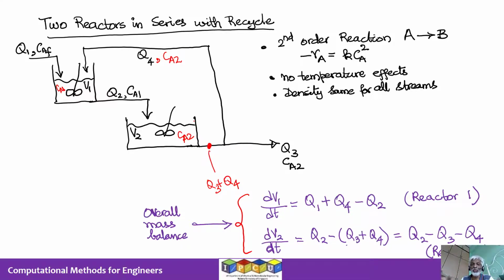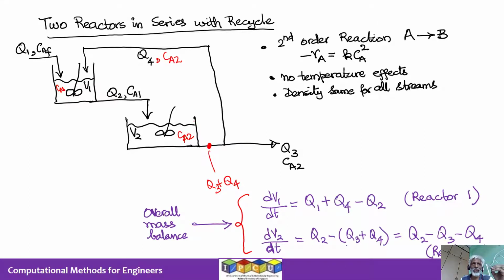So now we are ready to write the balances, the mass balances. We don't bother about energy balance here because we assume no temperature effects. Since we have two species, A and B, we have to write two balances for each reactor. Now, we can write an overall balance for reactor 1 and species balance for species A for reactor 1.